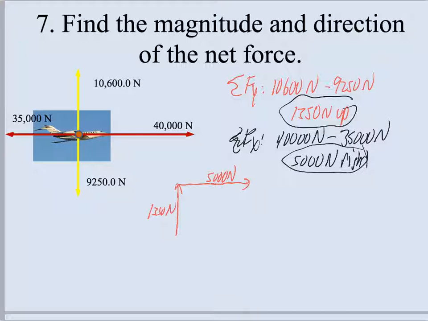So they want us to find the hypotenuse. You could have drawn it with the parallelogram method if you wanted. Draw it like that for the 1350, and then that for the 5,000.